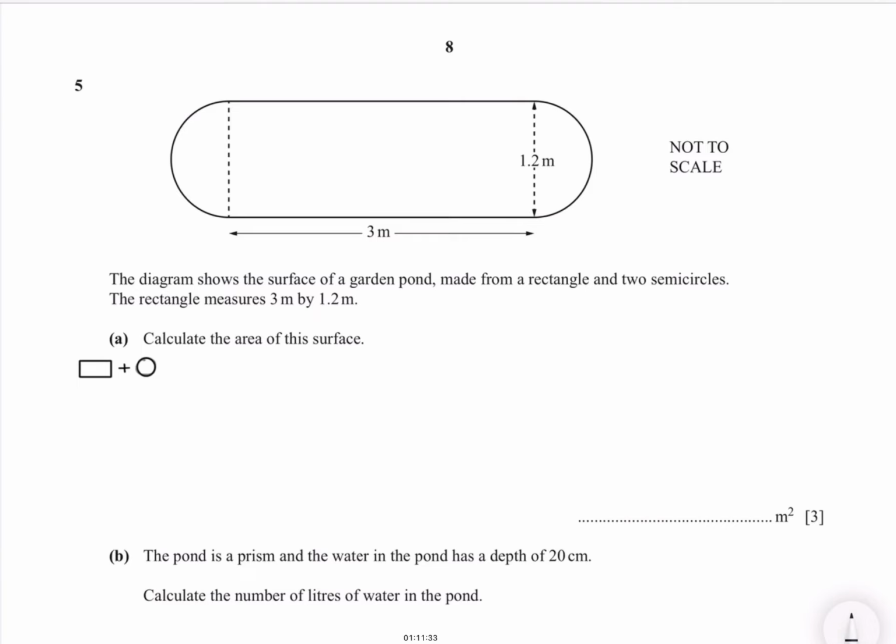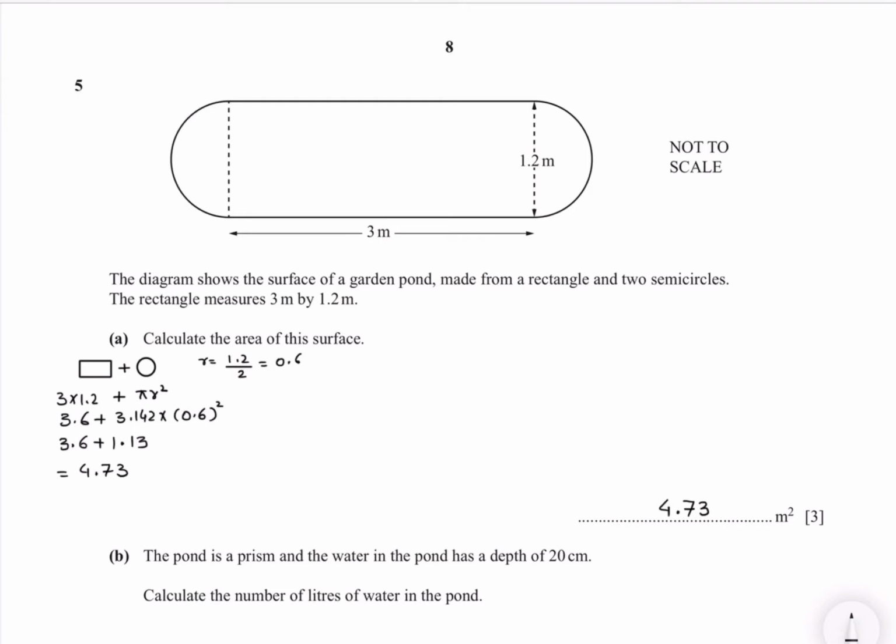Rectangle is 3 into 1.2 and circle is pi r squared, so 3.6 plus 3.142 into radius squared, where the radius is half of 1.2, which is 0.6. So solve it now. This is your 4.73 square meters, your answer.